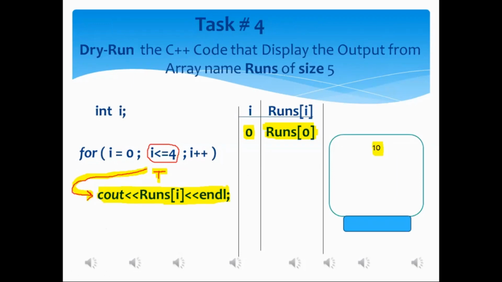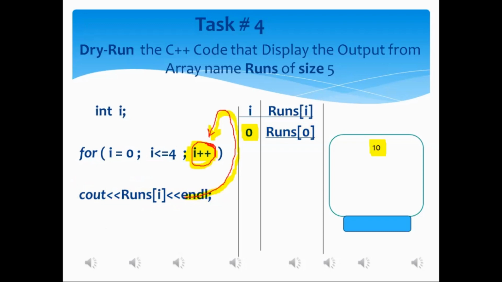Okay, my dear Aftab, after the execution of the for loop associated cout statement, the control of execution will be shifted to the increment statement. Do read the increment statement, Mr. Aftab. I plus plus means increment I by 1.